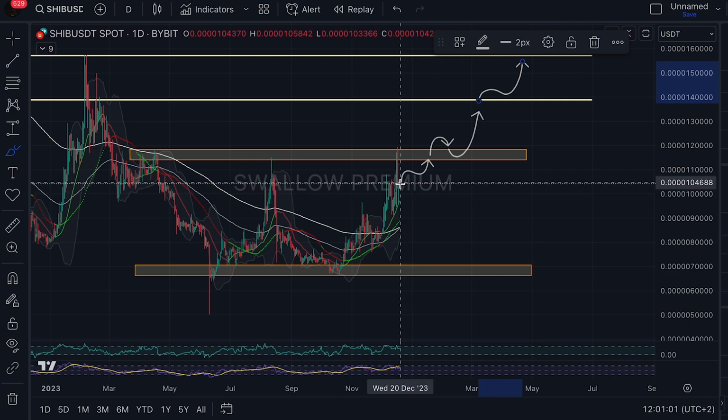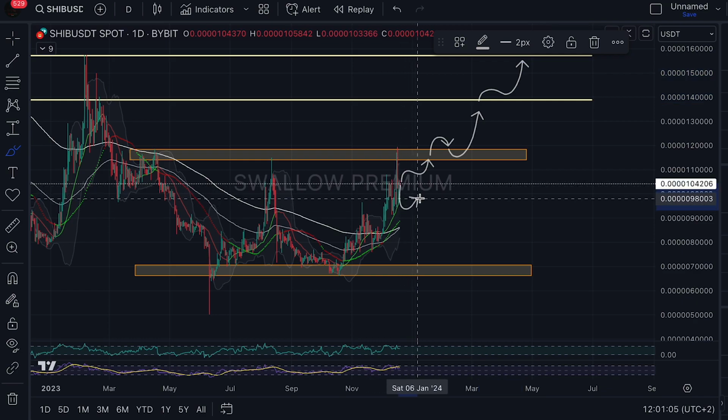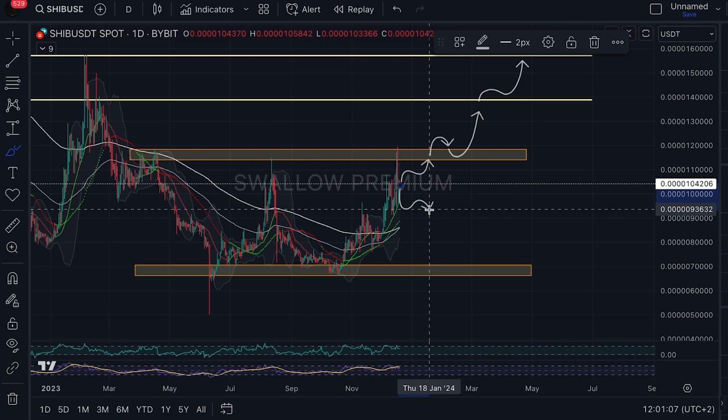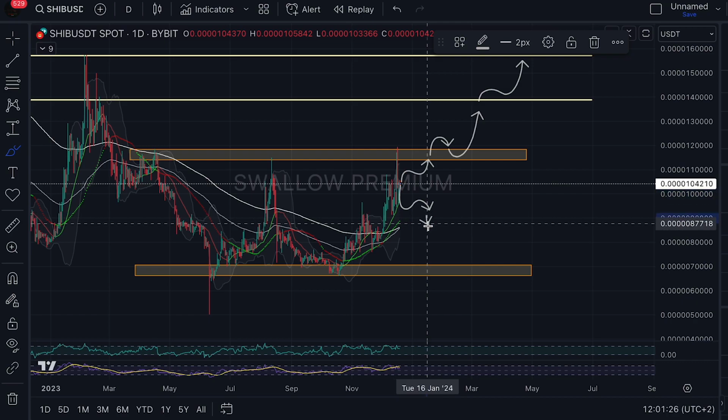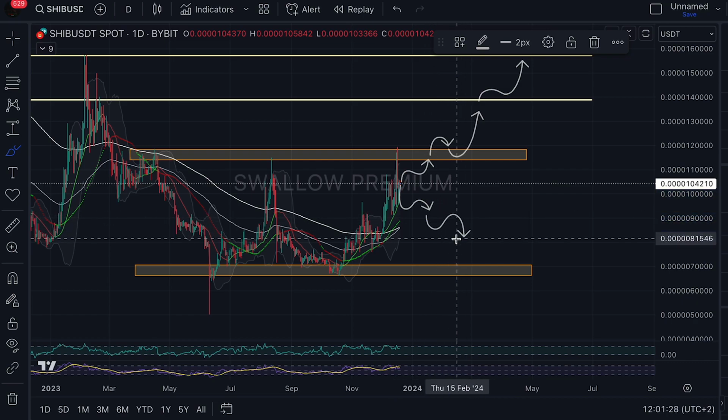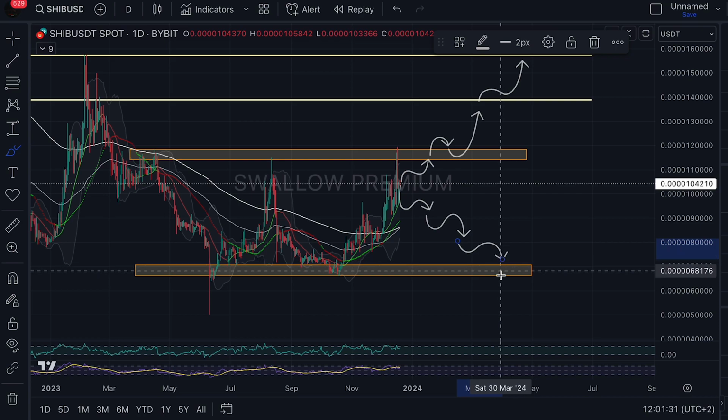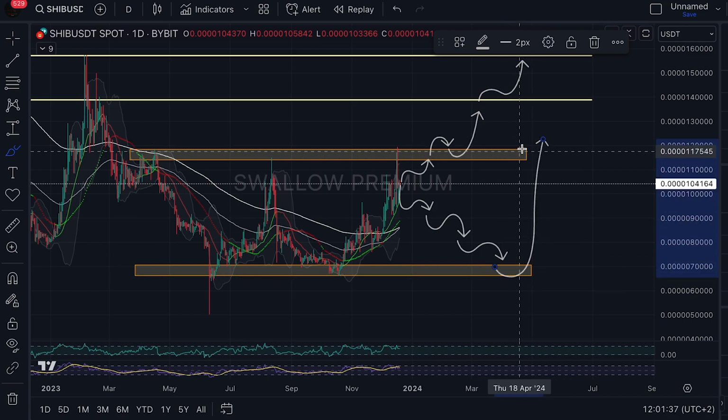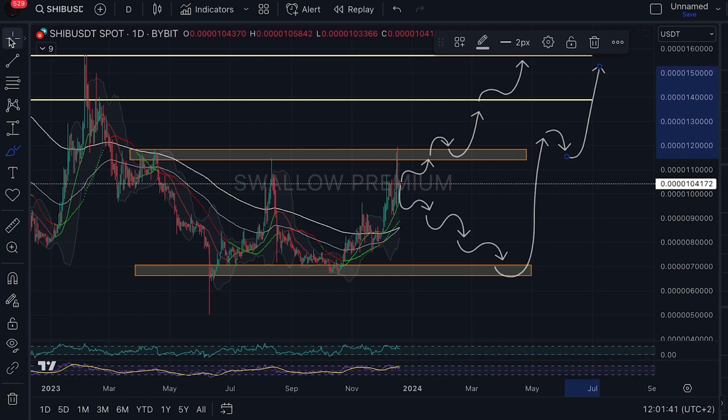But if we see weakness, meaning going something like this, a slightly downward or even sideways movement, then we will most likely go with a slight decline to the lower support, like this, and then like this. Once we reach this support zone, of course we are going to long, most likely towards this major resistance zone, retest, and then movement to the upper zones.